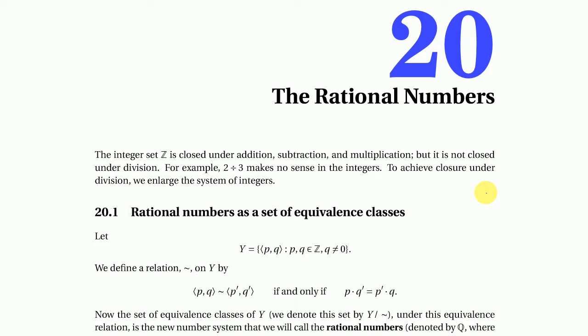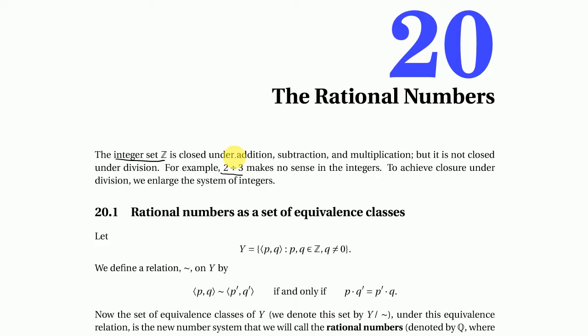Up to the integer set we defined in the previous chapter, the set of integers is closed under addition, subtraction, and multiplication. Okay, through the homework you already got a taste of those, but it's not closed under division, which means, for example, 2 divided by 3 is not a member of the integer set.